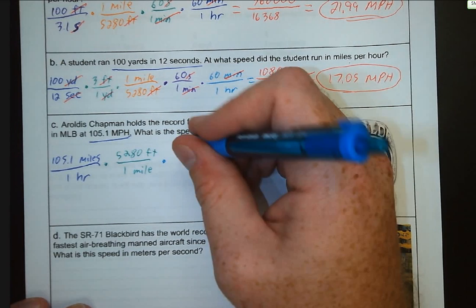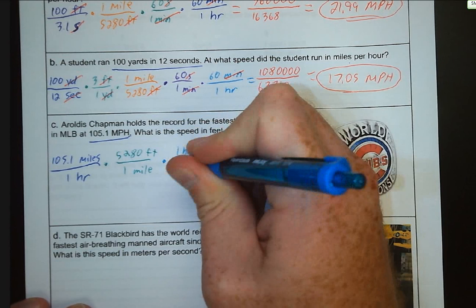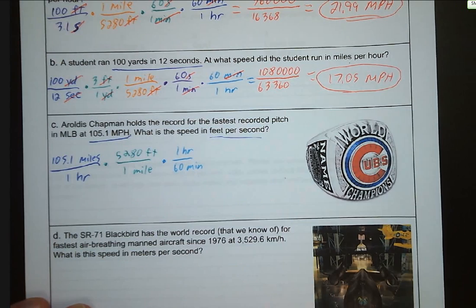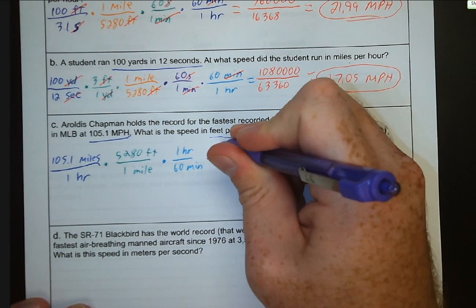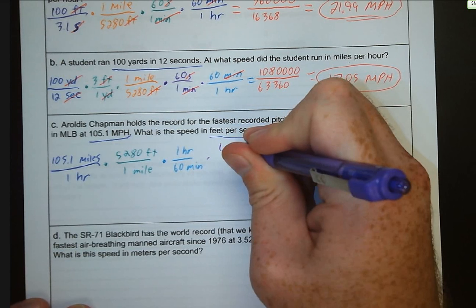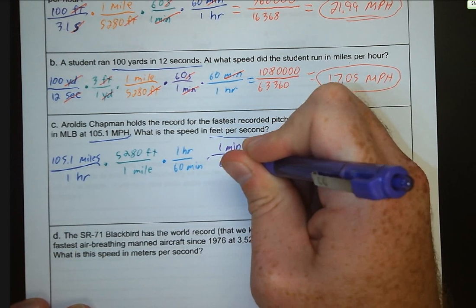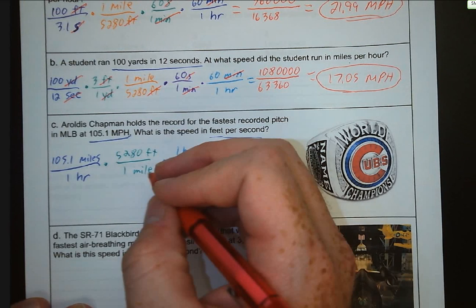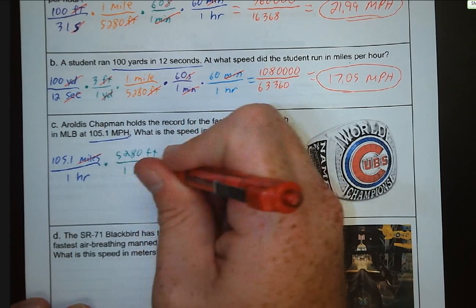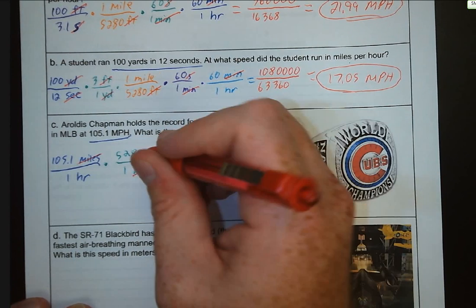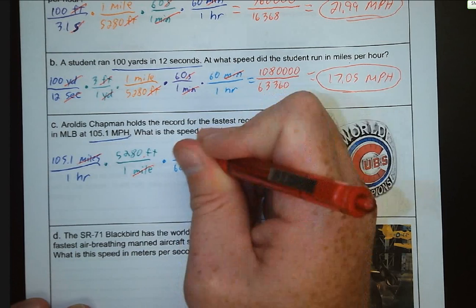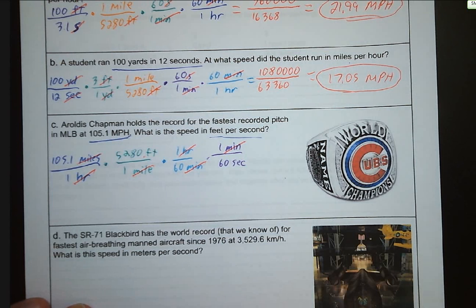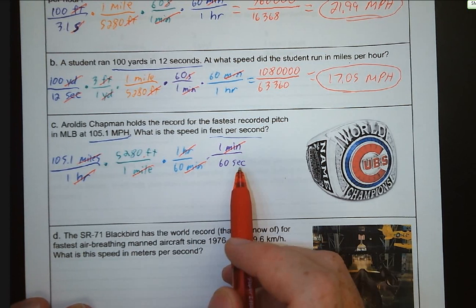I know that I have 1 hour, which is 60 minutes, and 1 minute is 60 seconds. Let's check our units. So miles cancel out. Hours cancel out. Minutes cancel out. And I'm left with feet per second, which is what I want.